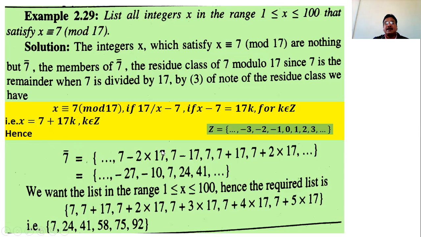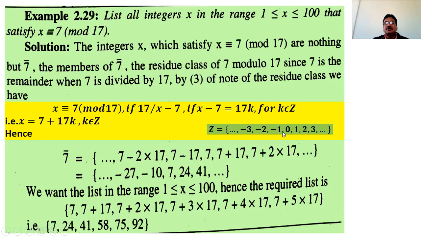Substitute k as −3, so we have 7 + 17 × (−3). Then substitute k as −2: 7 + (−2) × 17. Then substitute k as −1: 7 − 17.